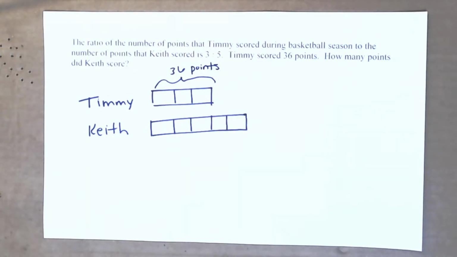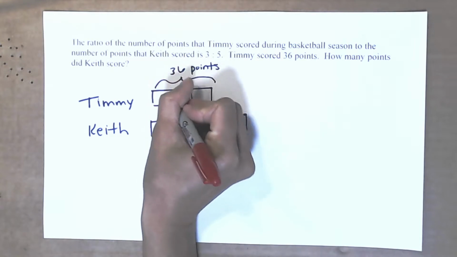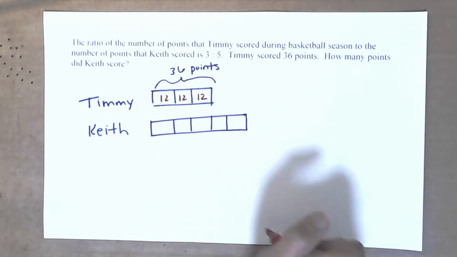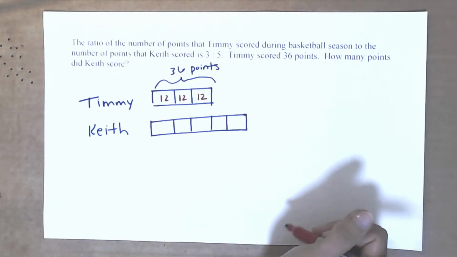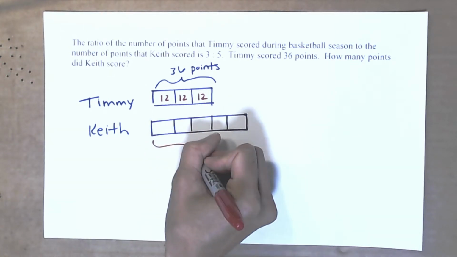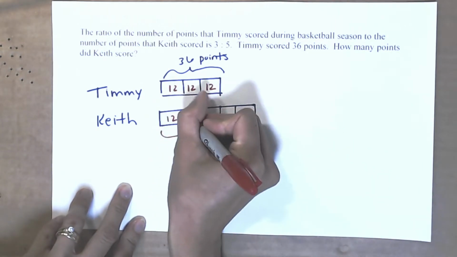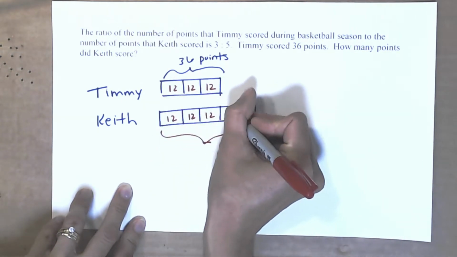So now we can figure out what each of our parts represents. If this is 36 points, then each of these are 12. 12 times 3 is 36. So now we want to know how many points did Keith score. We want to know this. Again, each of these parts is 12.